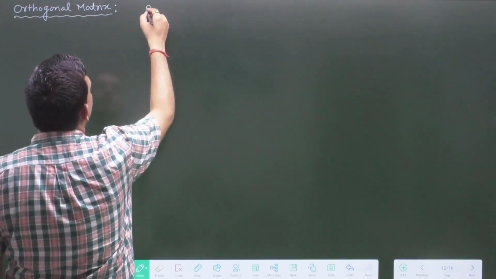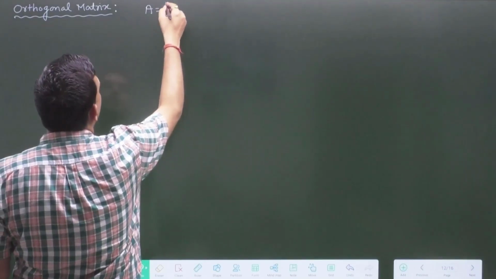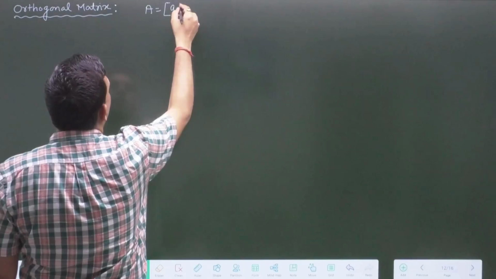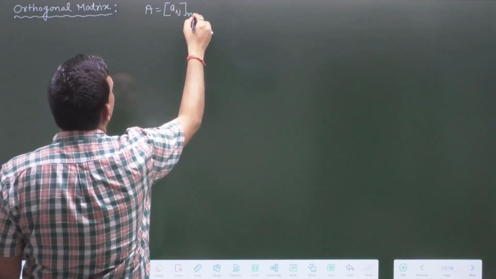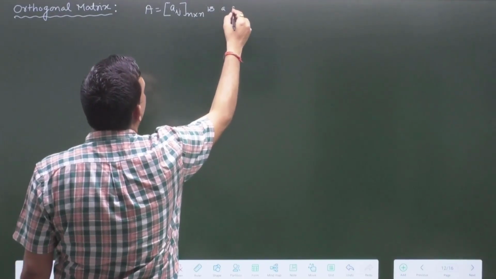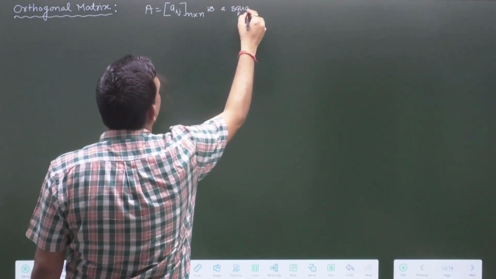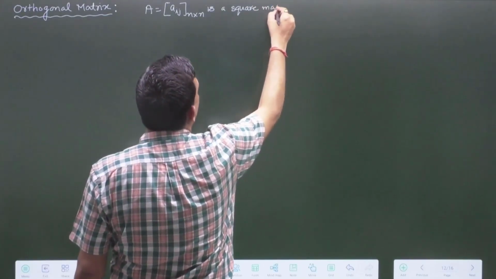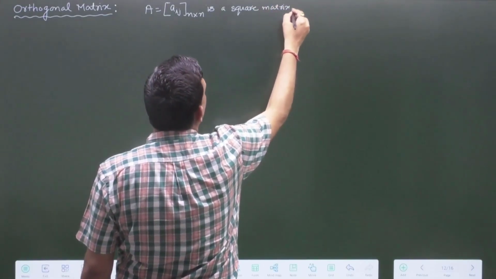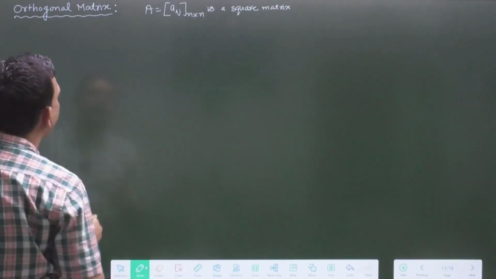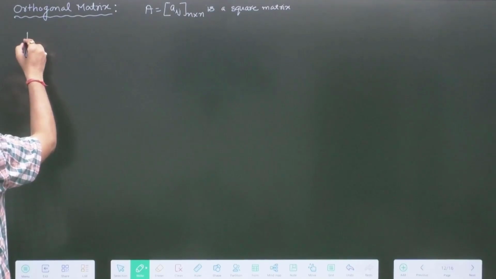Again, A is a square matrix. Aij, n cross n, is a square matrix.